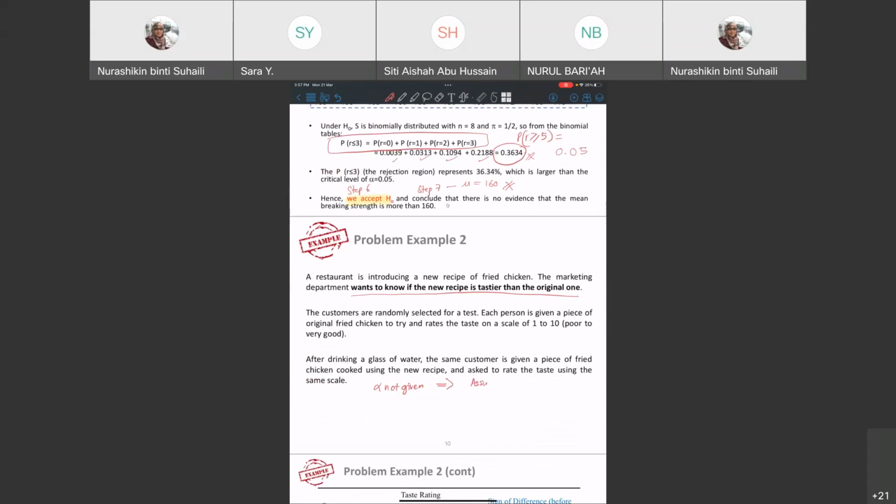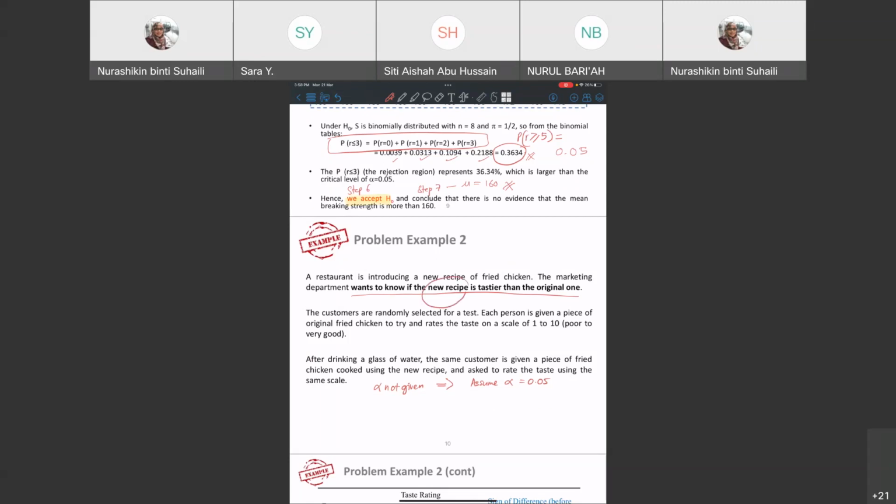Assume alpha equal to 0.05. When you assume a value, you must use the values that are typically used, like 0.05 or 0.01. Don't assume other values than that, because these are the values accepted. So you cannot assume 0.06 or 0.07, that's not allowed. You have to use either 0.01 or 0.05.